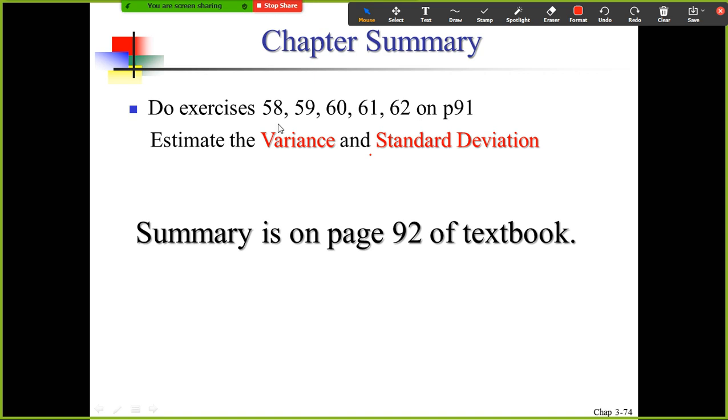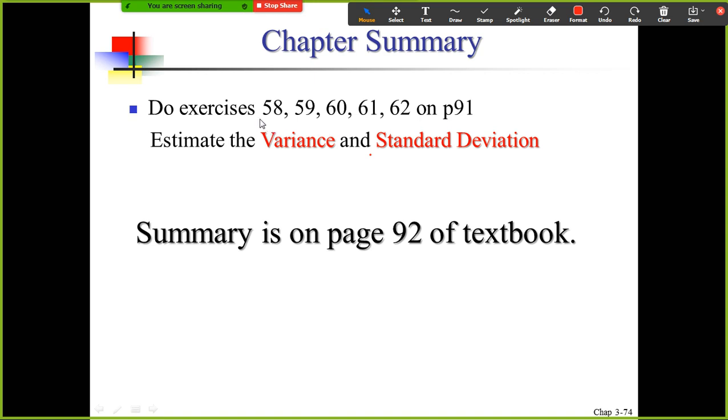Go to your textbook. Exercise number 58, 59, 60, 61, 62 on this page. Okay, on this page, the exercise numbers here are group data sets.